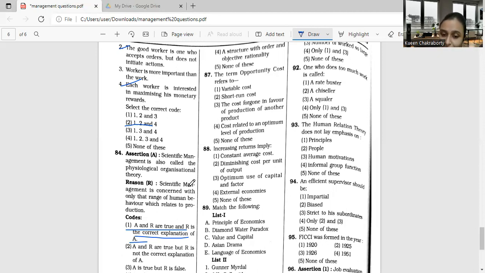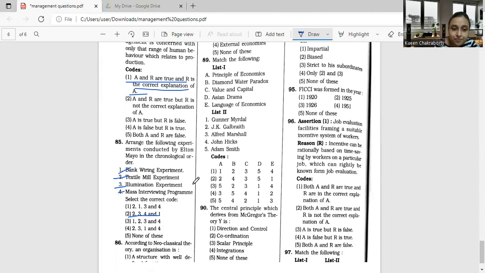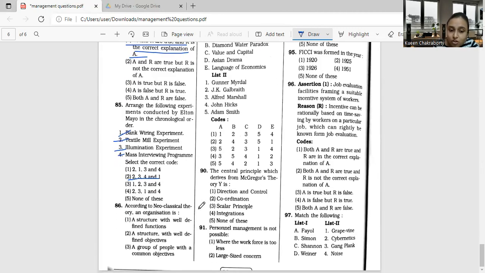It is a group of people with a common objective. Within the organization, there exists an informal organization which interacts with each other. So accordingly, if I go by the question, it says, according to neoclassical theory, an organization is, I can say, a group of people with a common objective. So that is the correct answer. It's a group of people with the common objectives.